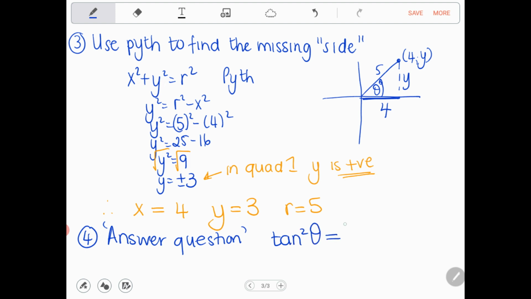So tan theta is y over x, squared. Remember, the square belongs on the outside of the bracket there. Y was 3, x was 4. No calculator, so we square the top and square the bottom: 9 over 16. And that's the answer to that question. So all the work you did up to number 4 was to help you substitute into your trig ratio.